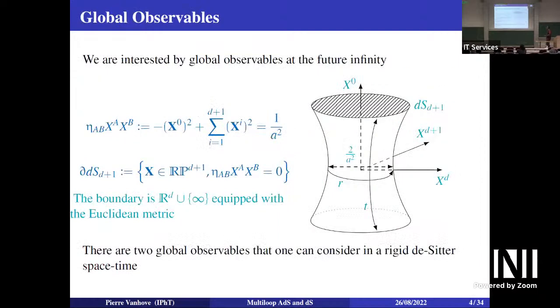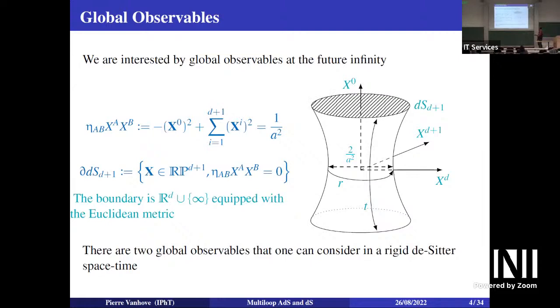So what we want to do is look at what you call global observables at future infinity. Here is a drawing. This is a metric, there is the minus sign, this is the plus sign, and d is the spatial dimension. Little d in my talk will always be the dimension of the boundary.